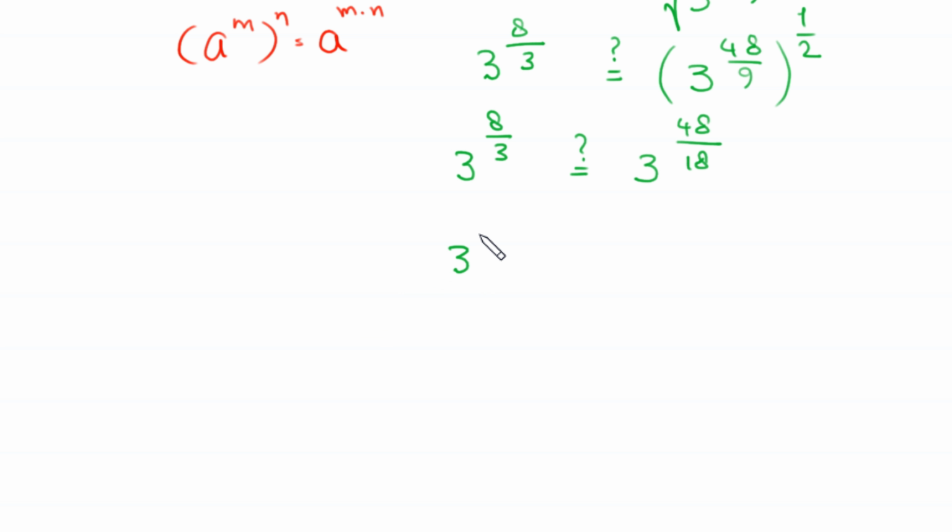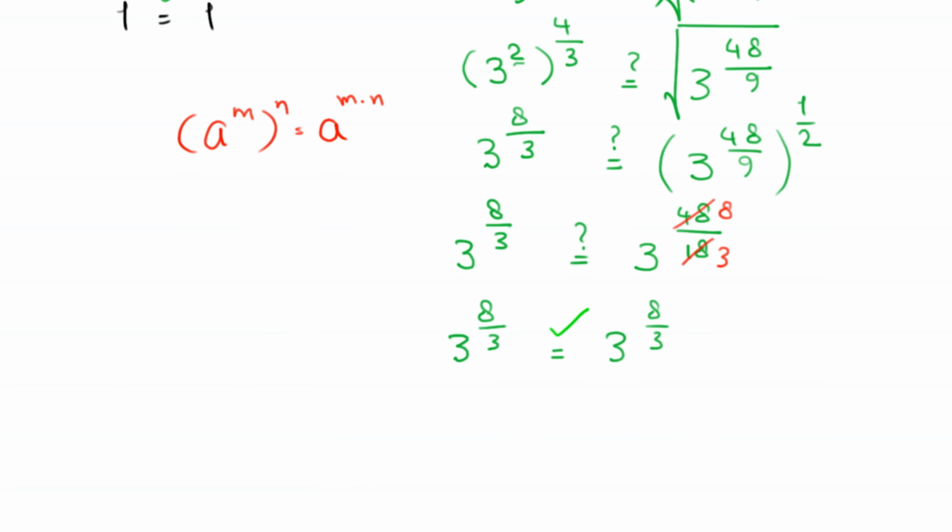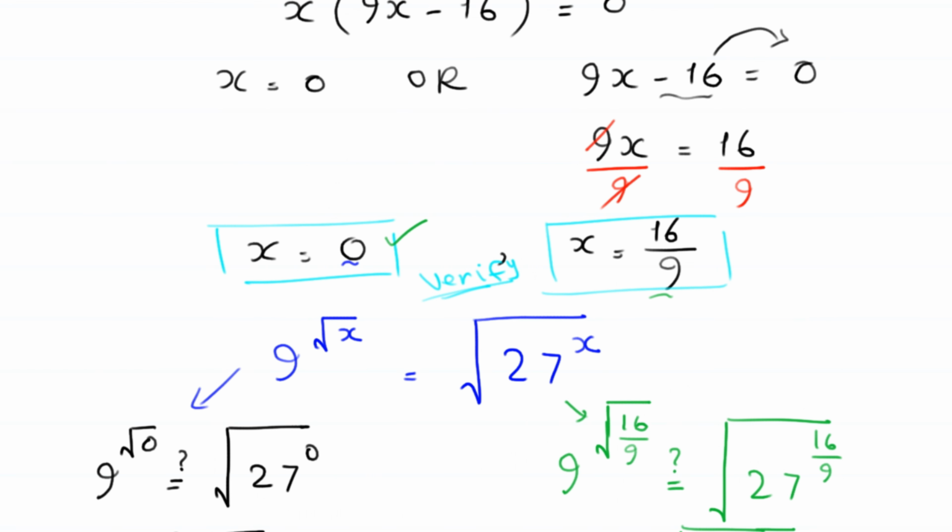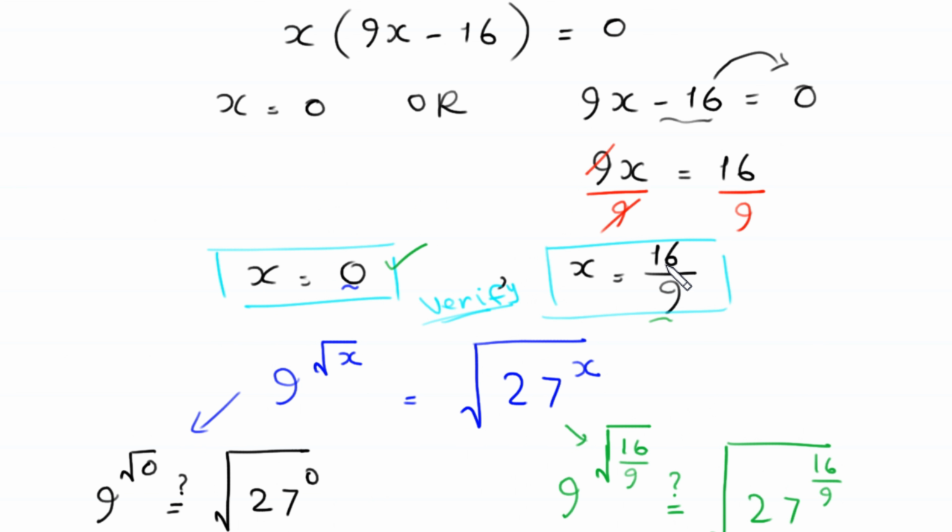Next, 3 to the power 8 over 3, is it equal to 3 to the power, this can be simplified as 6 3 times and 6 8 times 48, so this will become 8 over 3. You can see that the left hand side is equal to the right hand side. It means this value of x, 16 over 9, is a valid solution.